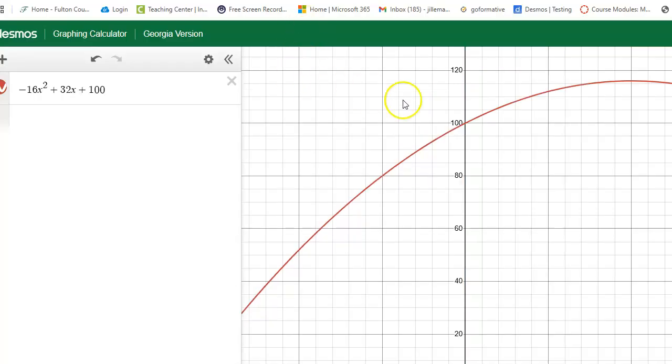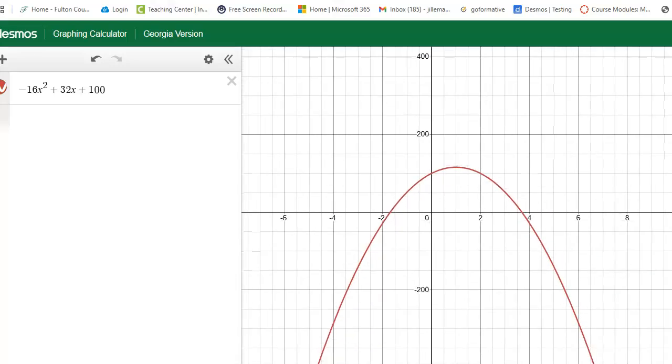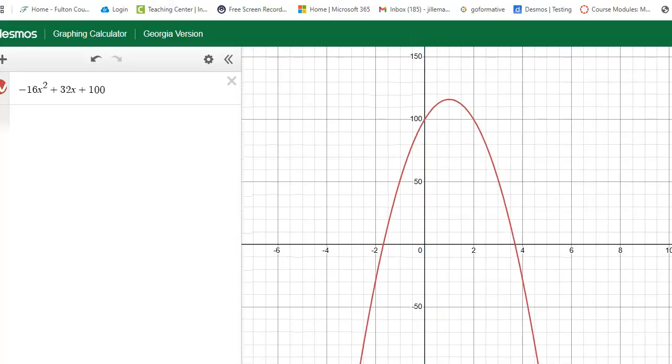So remember now, I do not care about what happens over here on the left side of the y-axis. I only care what happens in the first quadrant. So look, this time the starting amount is at 100. Let me make this so we can see it. Okay, we started at 100. The highest point is 116.